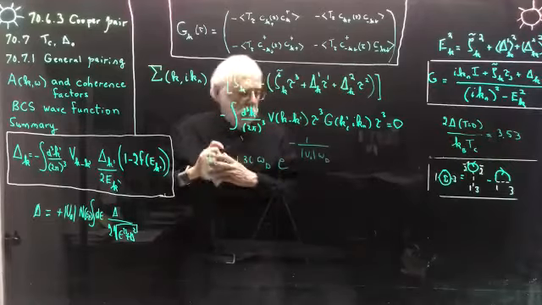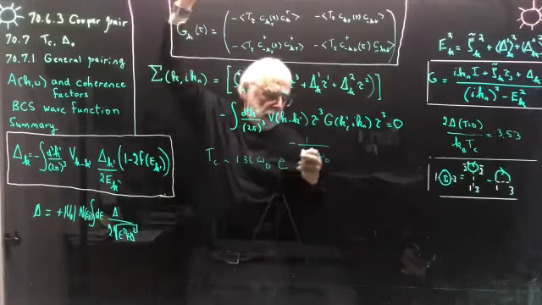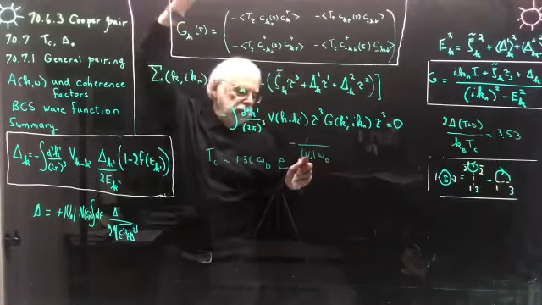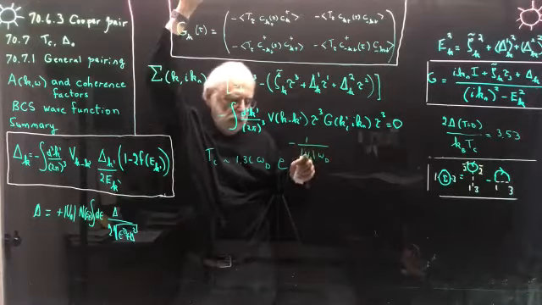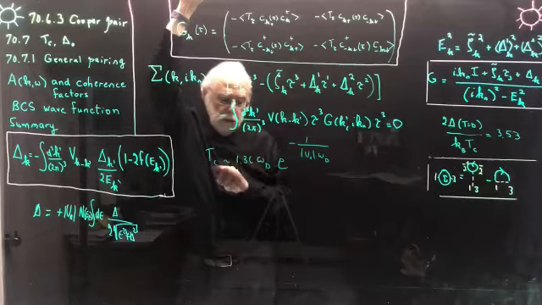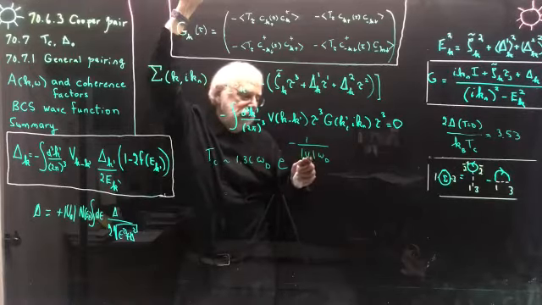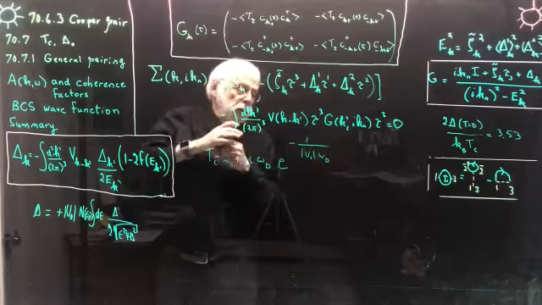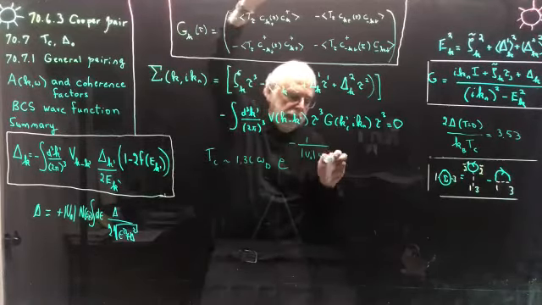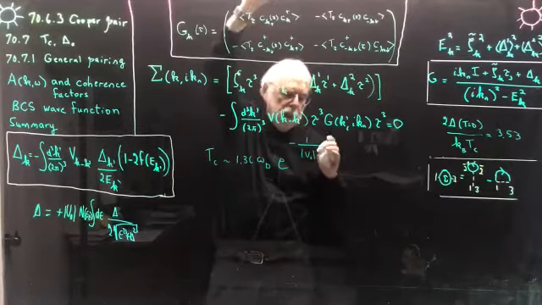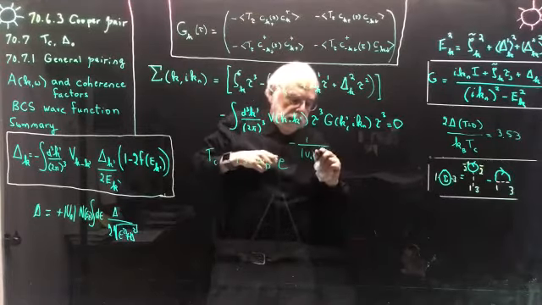But most importantly, there's a TC, and you see that TC you would say should be of order omega Debye, but no, because this here involves U0 and the density. I'm sorry, it's not omega D here, it's the density of states.